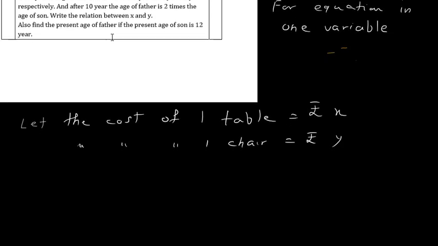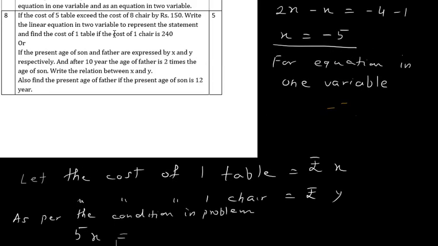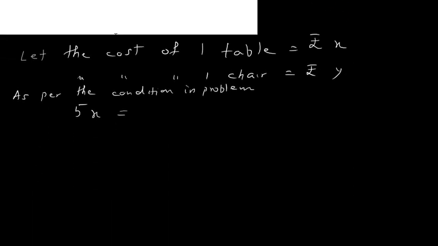So 5 tables cost, now what is the cost of 5 tables? It will be 5x. So as per the condition in the problem, 5x is equal to 8 chairs, that means 8y plus 150.